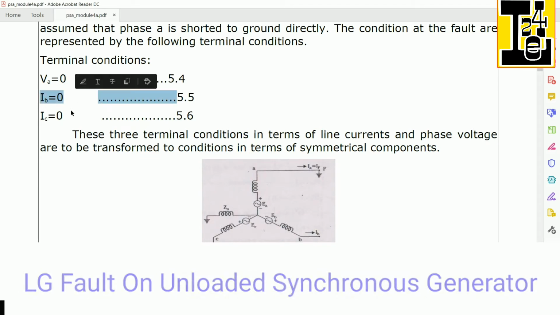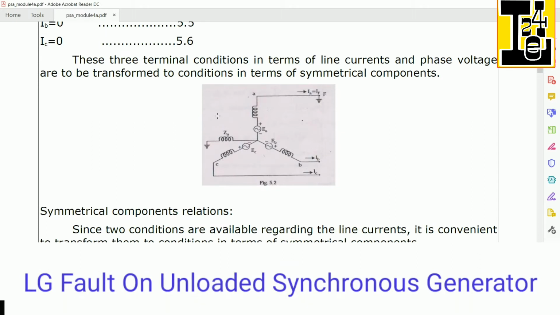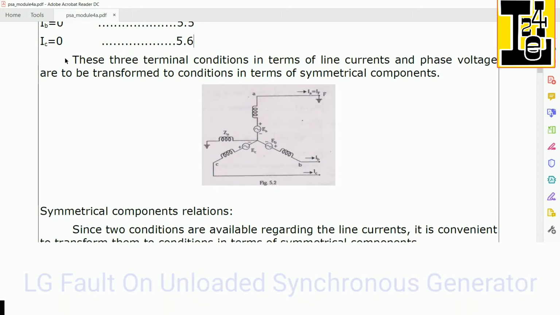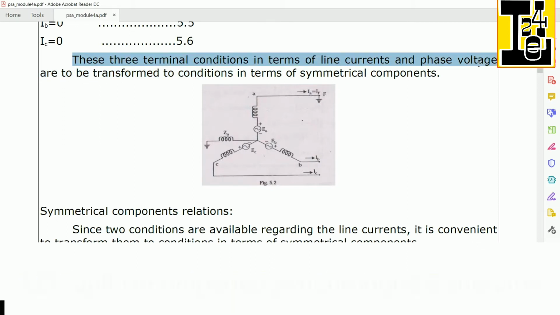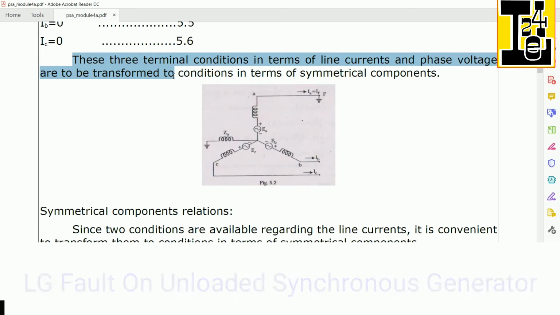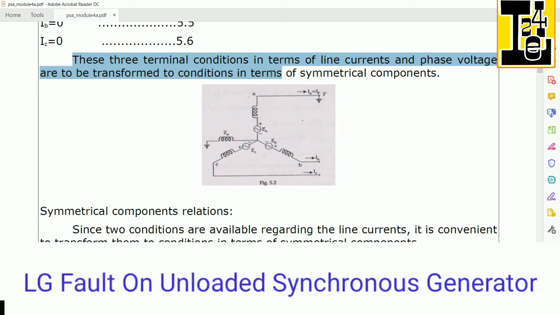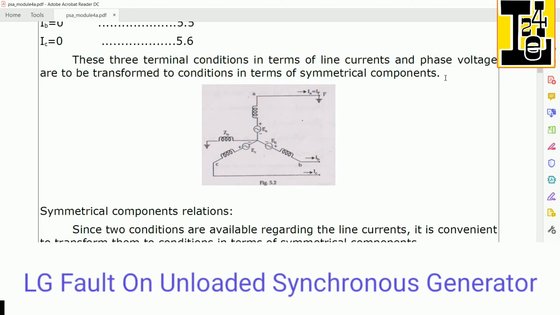That is, IB equals 0 and IC equals 0. These three terminal conditions in terms of line currents and phase voltages need to be transformed to conditions in terms of symmetrical components. So the knowledge of symmetrical components is essential in this case.